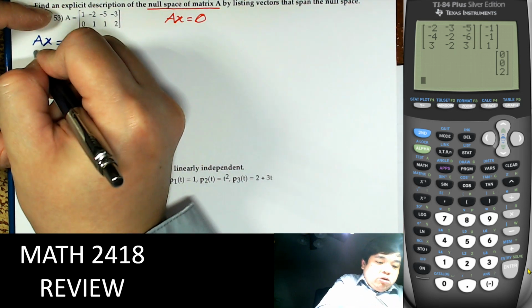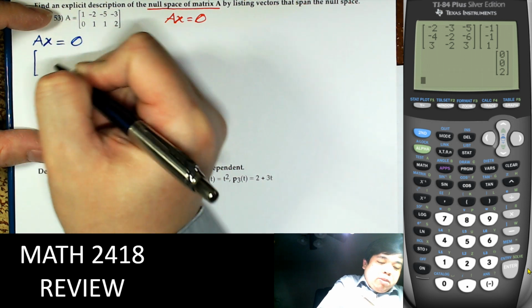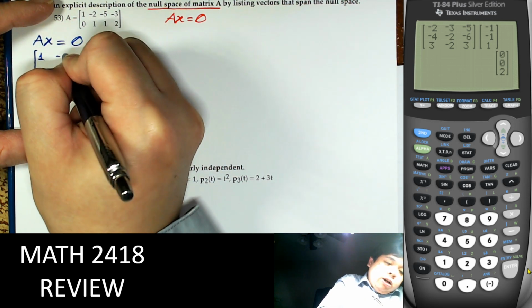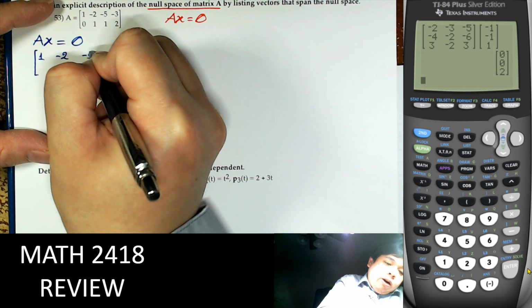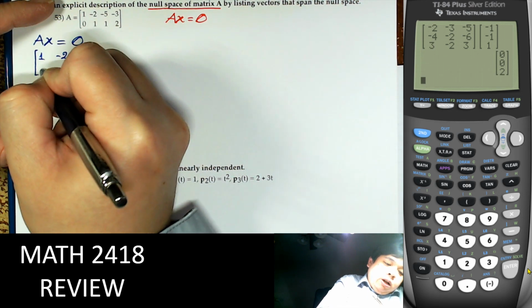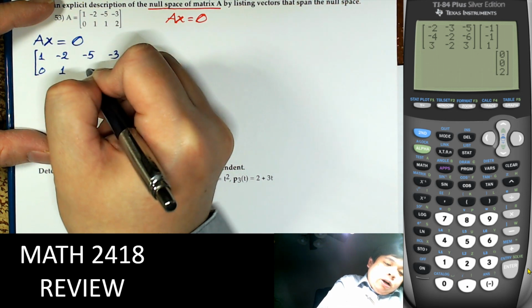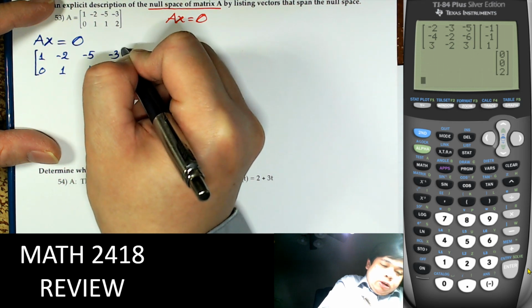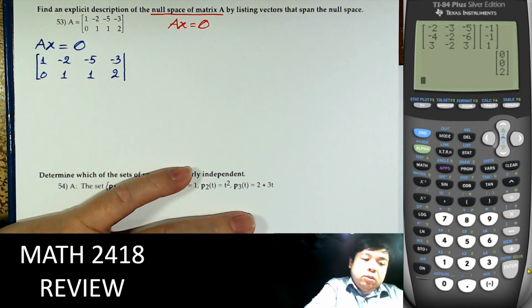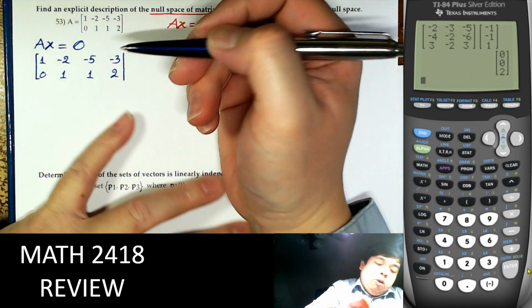So we just construct an augmented matrix: 1, -2, -5, and -3; 0, 1, 1, and 2. And then the right column is just 0.